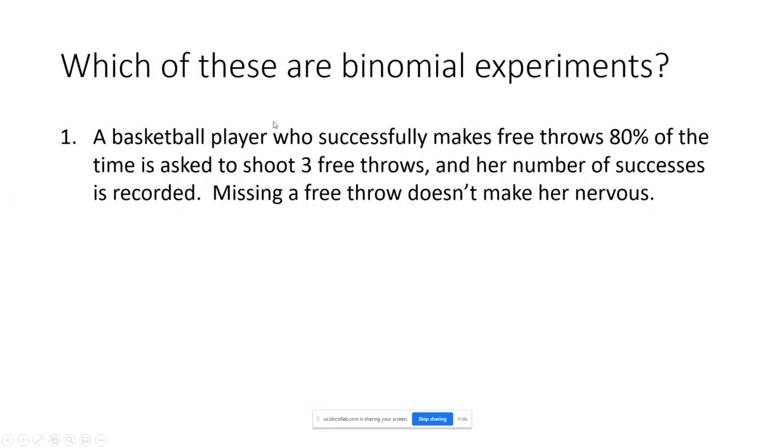All right, so let's take a minute to think about what sort of scenarios we can apply the binomial distribution to. For number 1, take a minute to read through this and think about whether this is a binomial experiment. In other words, whether the binomial distribution could be used in this scenario.